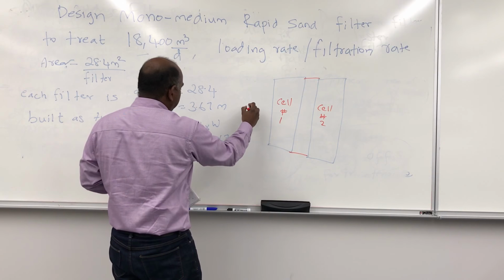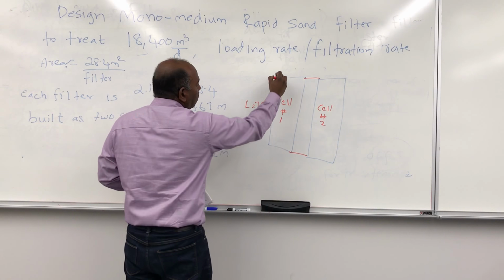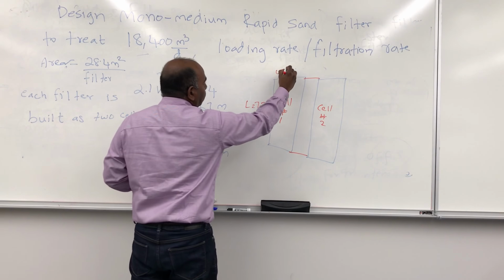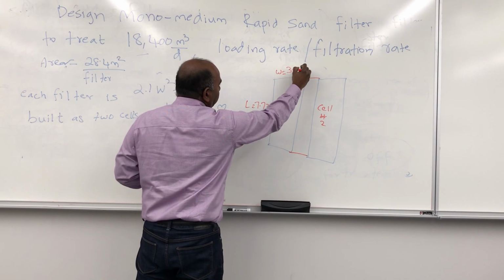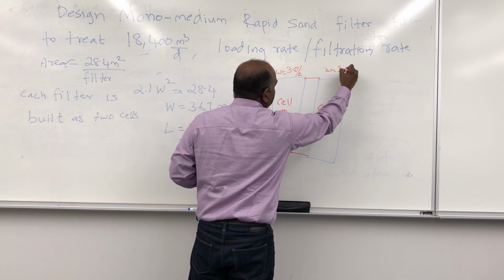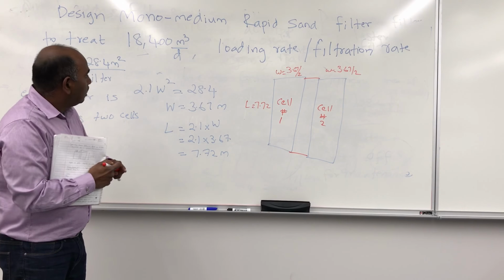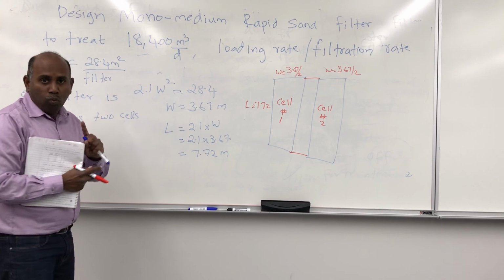Now this is length L equal to 7.72 meters, width equal to 3.67 by 2. So what we designed is length and width for one filter.